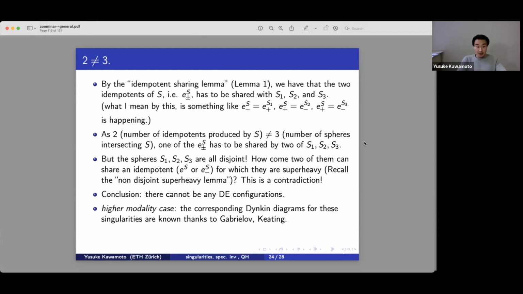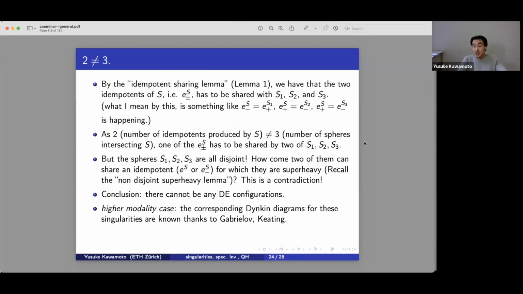And so the higher modality case, going back to the first question of Umut, once again, we want to know the Dynkin diagrams for these singularities. Thankfully, these things are known thanks to the works of Gabrielov and Ailsa Keating, but we don't know the full thing. Keating understood the Dynkin diagram completely for some modality 1 singularities, but for the higher modality ones, you don't know exactly what you have.